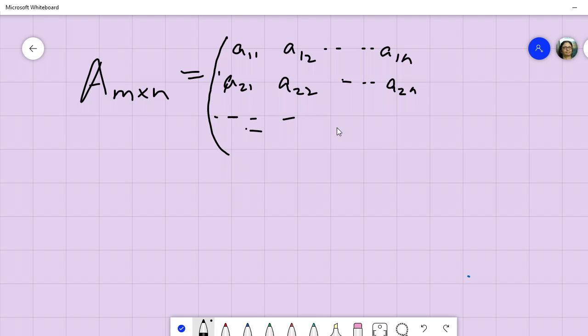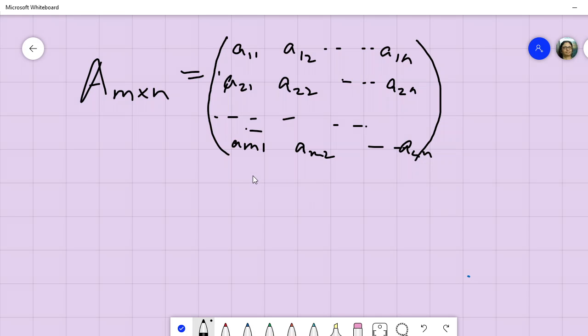We don't know how many m's and n's there are. So last you write Am1, Am2, up to Amn. So this is an m into n matrix.